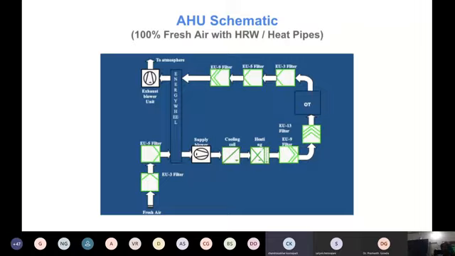We have an exhaust blower where the air is taken, and between the exhaust blower and the supply blower we have a wheel called the energy wheel, the enthalpy wheel or the heat recovery wheel.